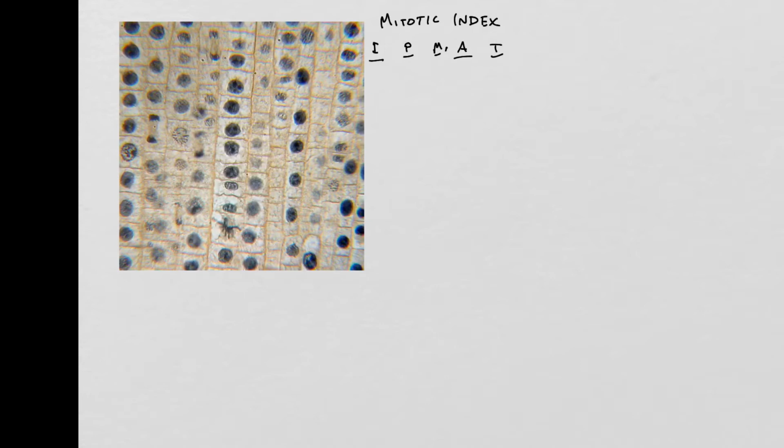So you can choose to do that while pausing the video and then checking back to see what I put down, or you can follow along with me. Special note here, there are a couple of weird ones on this one, like right down here. There's not even a nucleus that we see there, so we're not going to count that one at all.